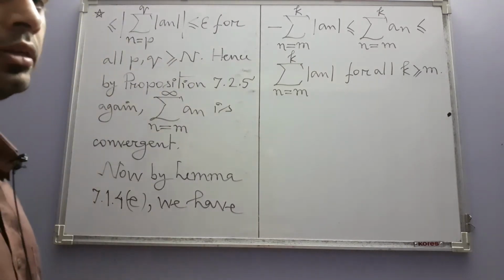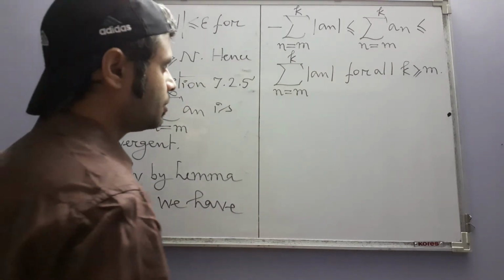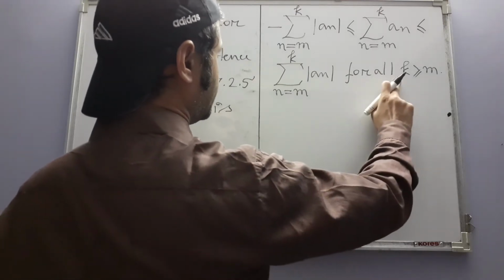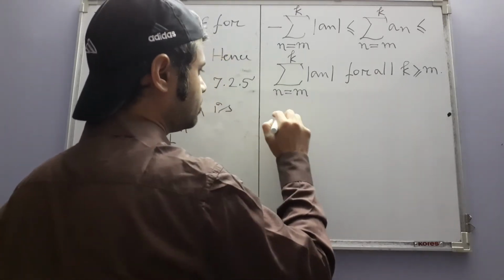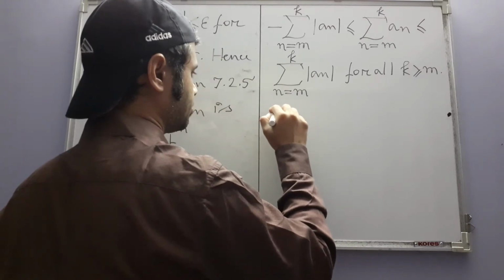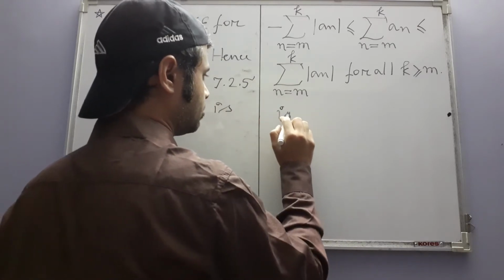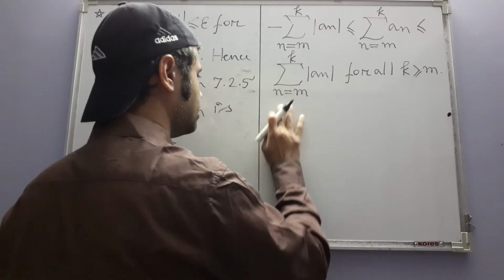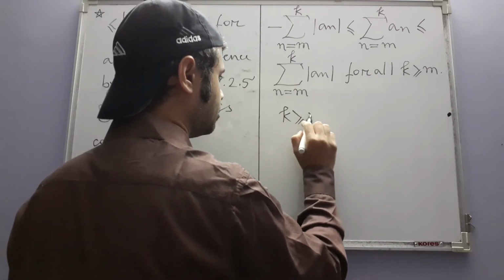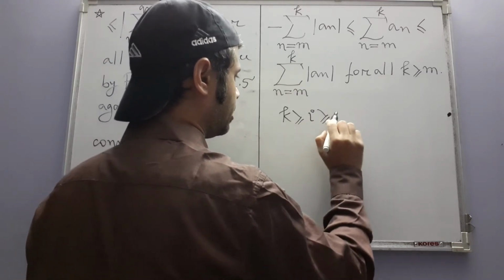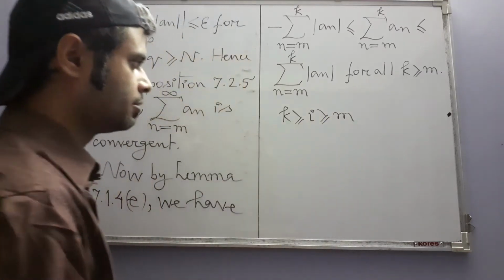What have we done here actually? You see, for any, say you consider this, say you consider one integer I lying between k and m like this.